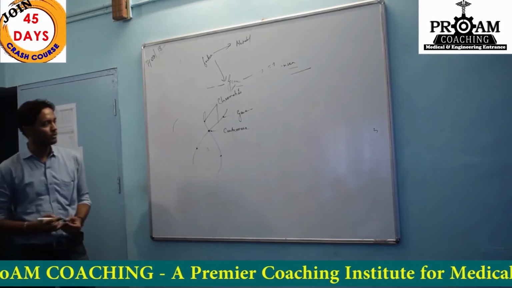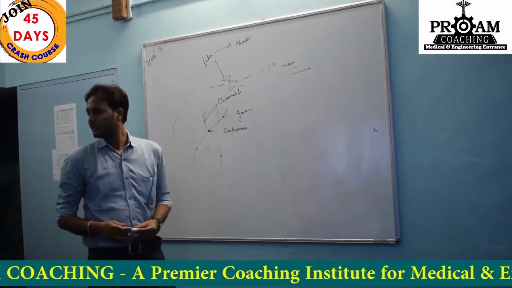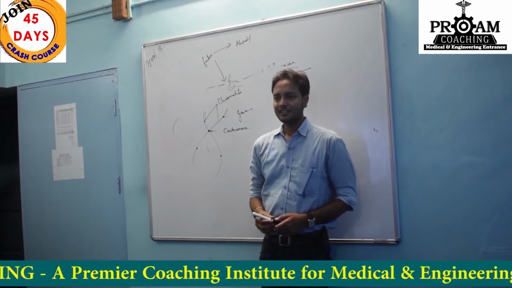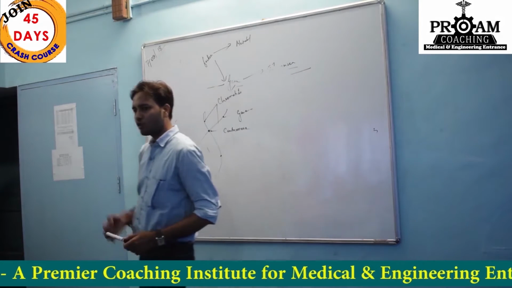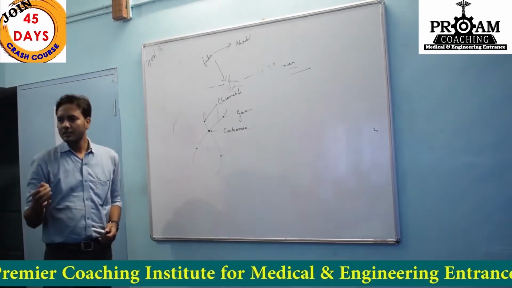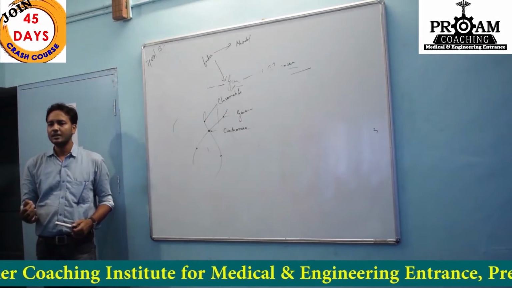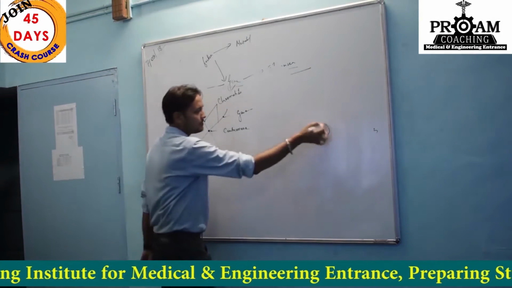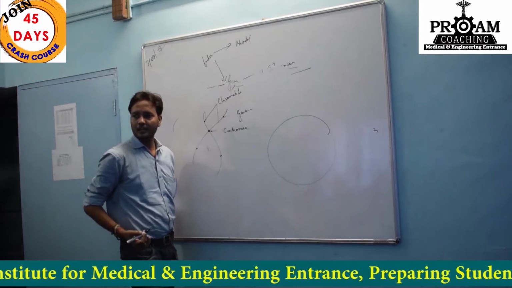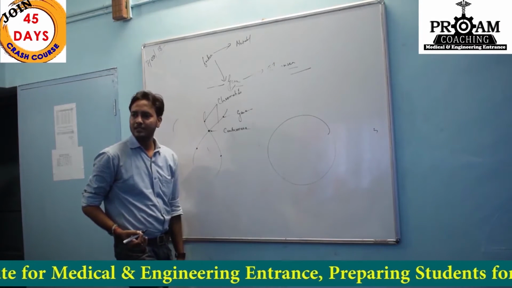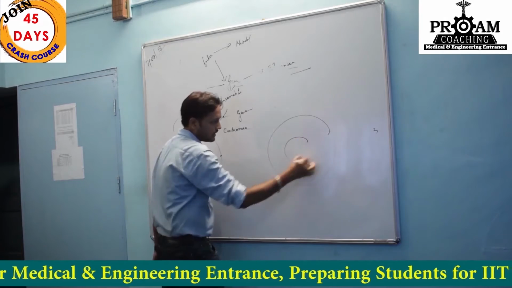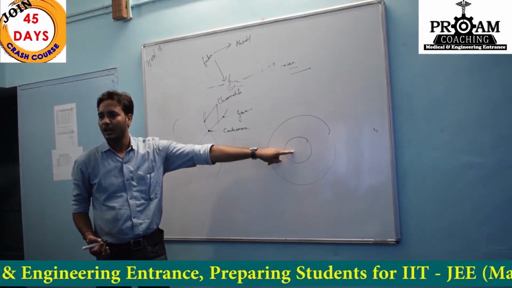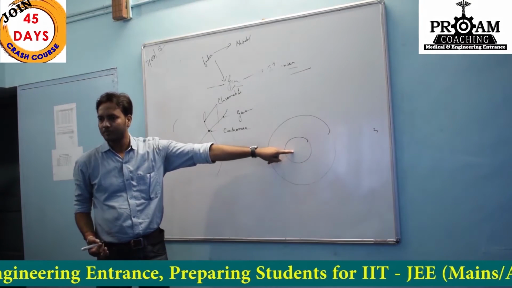Genes are present on the chromosomes, and chromosomes are present in the nucleus. Okay? For example, this is a cell. This is the outer membrane which is called cell membrane. Inside the cell there is a nuclear membrane, and in the nucleus there is a chromosome.